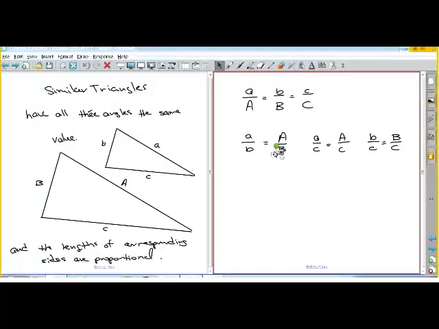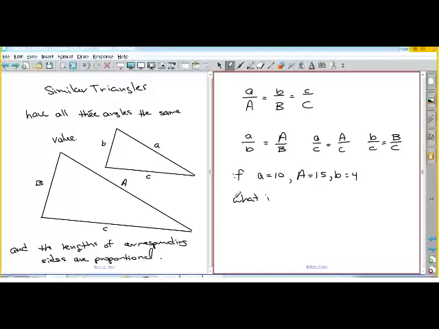So let's just make up an example that kind of fits my drawing. So let's say that side a has length 10 and the corresponding side on the larger triangle has size 15, and the size of side b here is maybe 4.